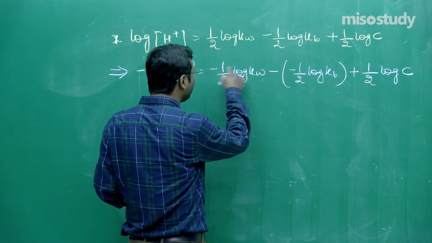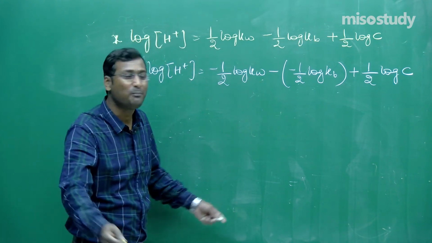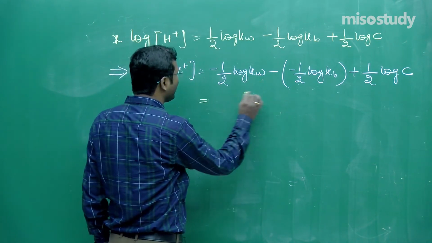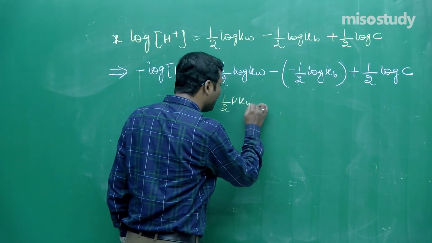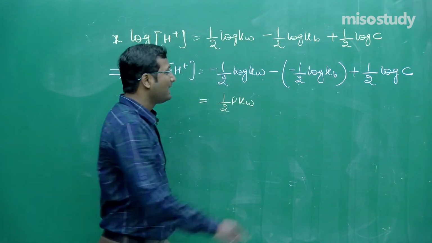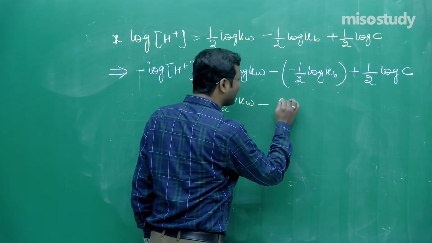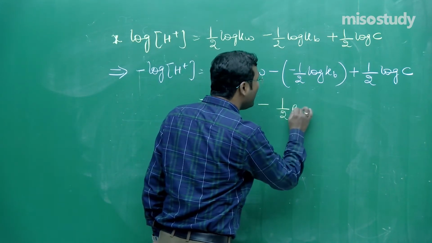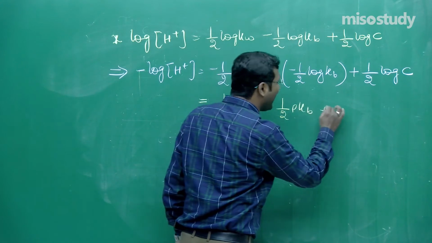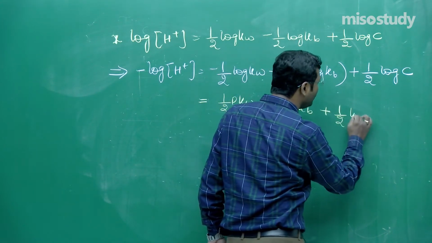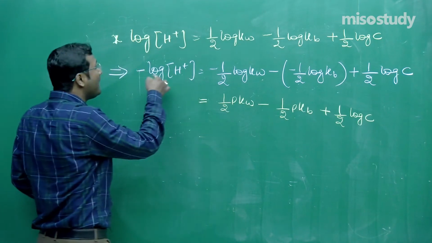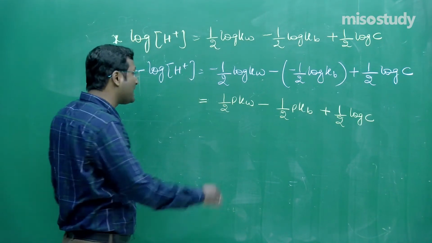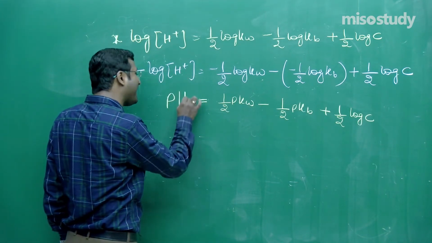As we know, minus log Kw is equal to pKw, so you can write 1 by 2 pKw, 1 by 2 pKb and 1 by 2 log C. And we all know minus log H plus is equal to pH.